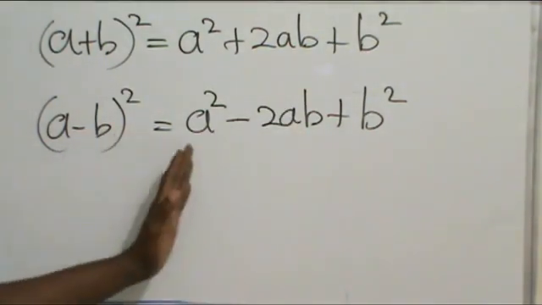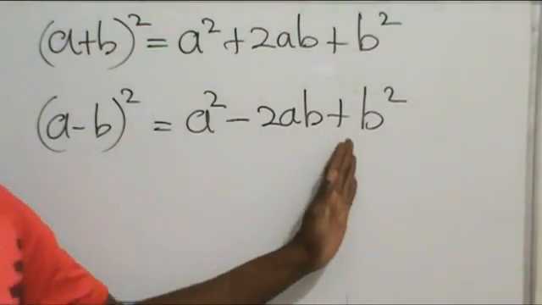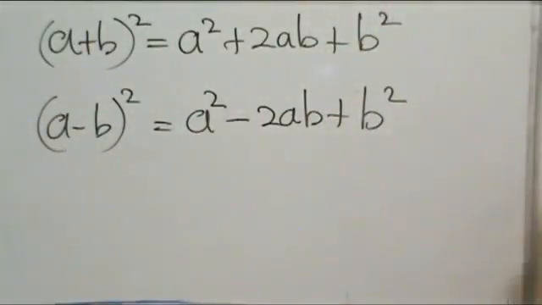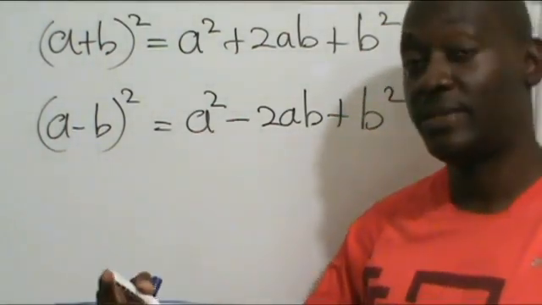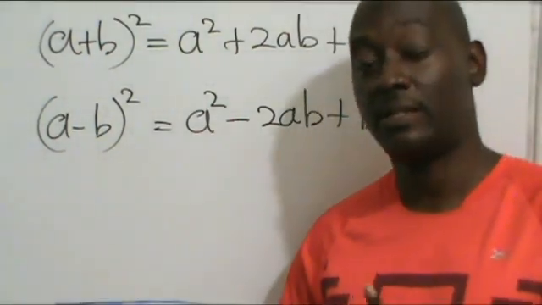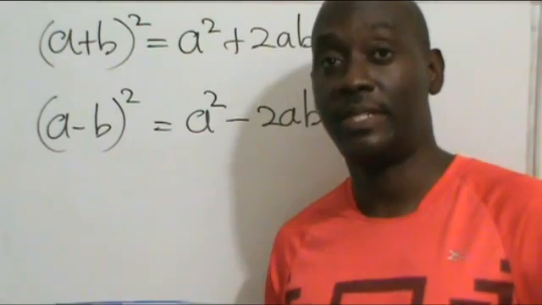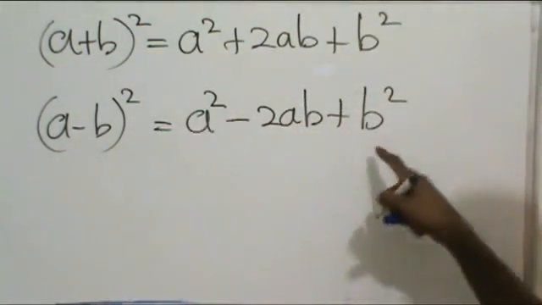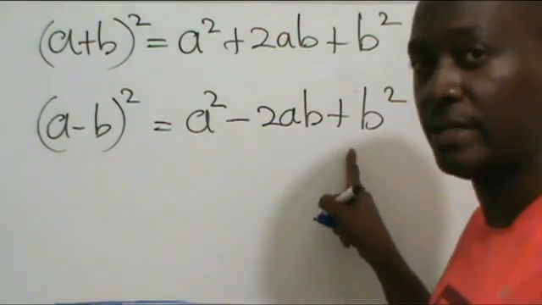So this is not A squared minus 2AB minus B squared, which is an easy mistake to make. The reason is that when we multiplied it out earlier in the video, and you could double check it by rewinding if you need to, we had that minus B by minus B is plus B squared.